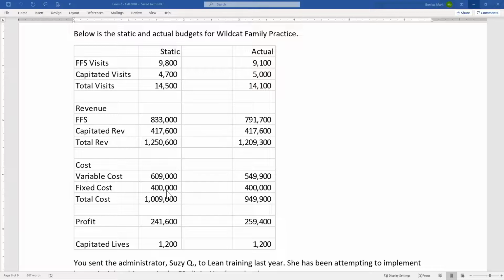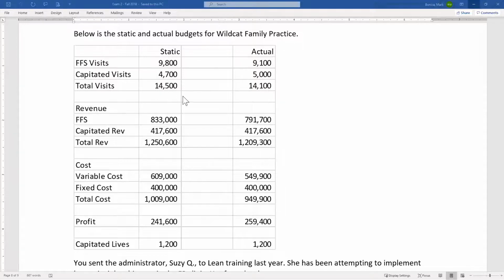When we talk about variable costs, it doesn't matter how the visit is being paid for. It only matters what it costs to produce a visit. And so producing a visit for a fee-for-service patient costs the same as producing a visit for a capitated patient. So we're going to use the total visits to calculate price per unit for variable cost. We're not going to differentiate between a fee-for-service patient and a capitated patient.